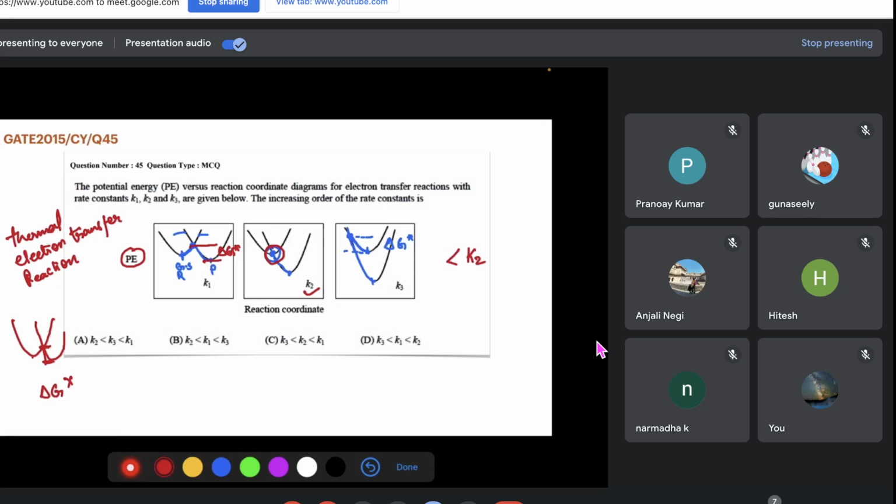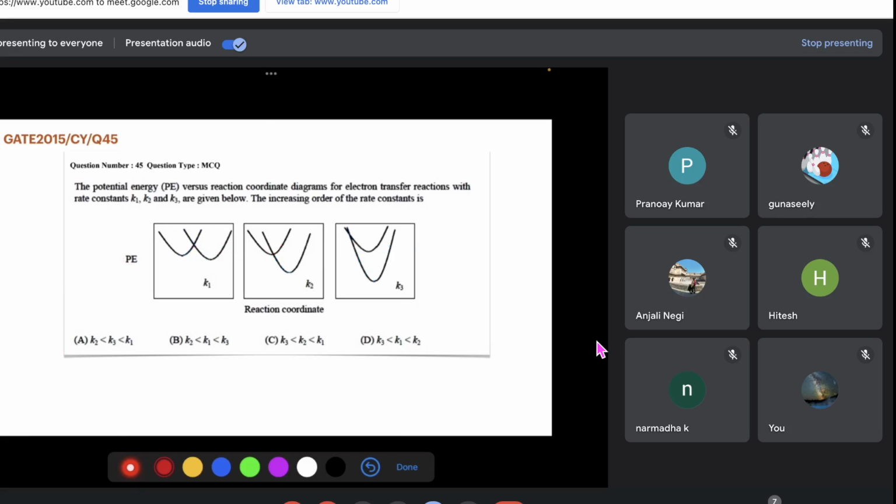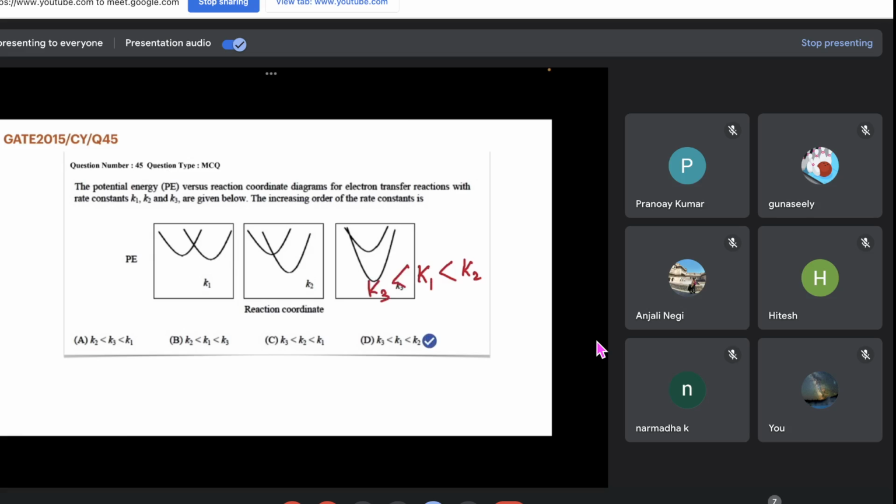Then we have K1 as the next faster rate, and then K3. Yeah, so the D option fits well for this.